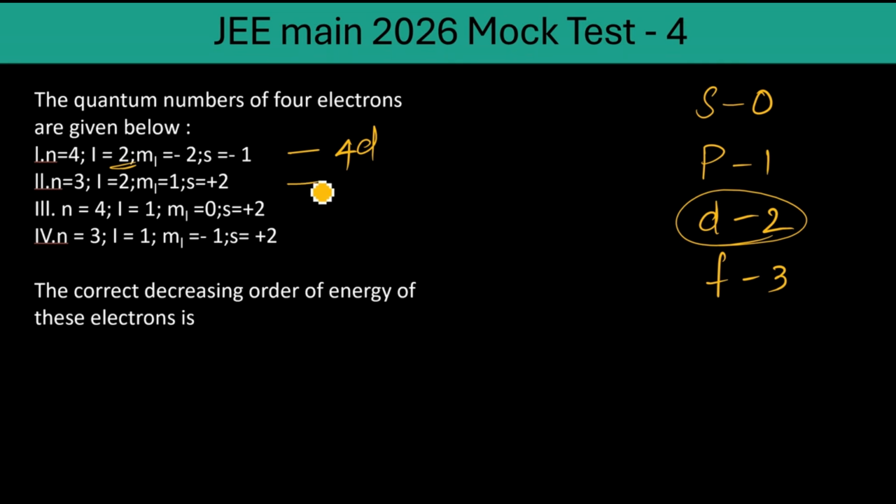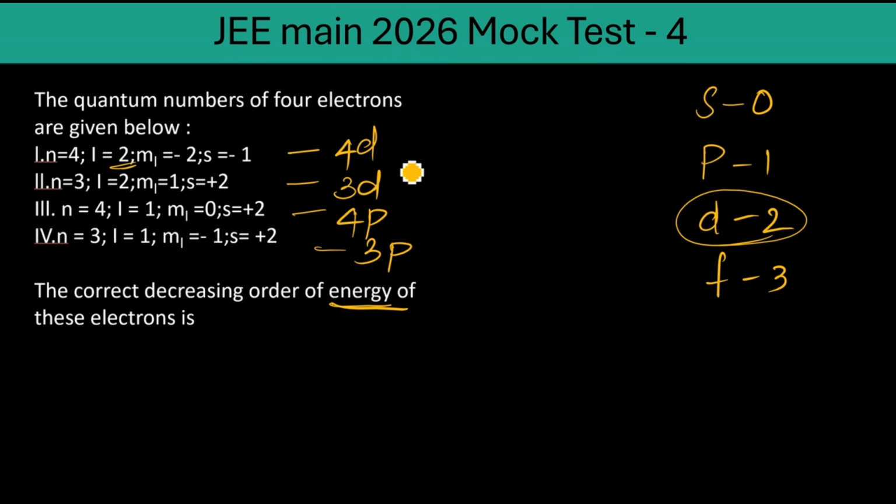Okay, so let's check with the other ones. If we have any tie, then we'll go to the magnetic and spin quantum numbers. l is equal to 2 again, then 4, l is equal to 1, p, then 3, p. Among these, which will have the highest energy? 4d, 3d, 4p, 3p.